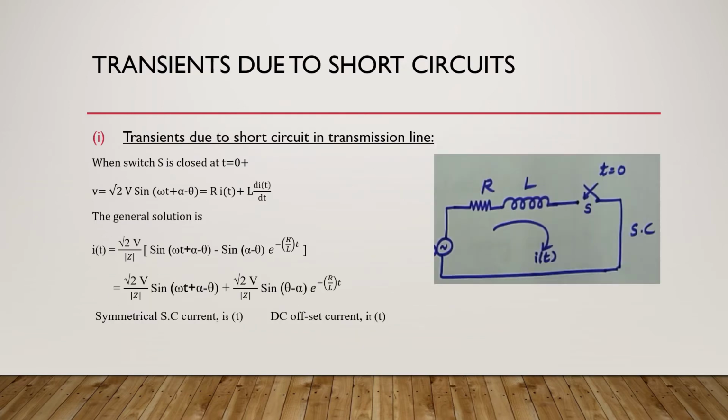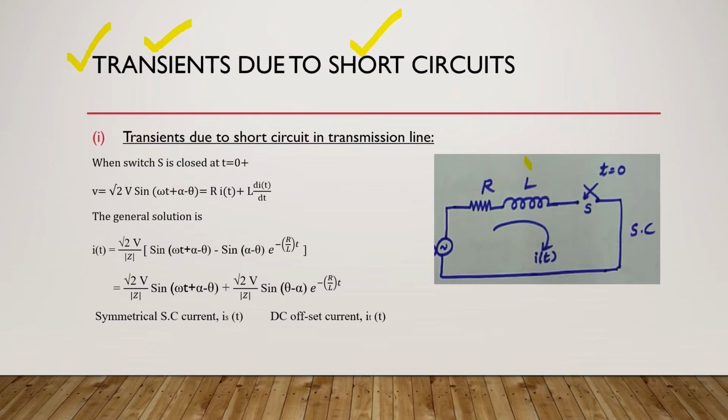The next point is transients due to short circuits. Here short circuit means symmetrical short circuit, since we are studying symmetrical fault analysis. Why do we need to study transients? Because the power system is more inductive in nature.